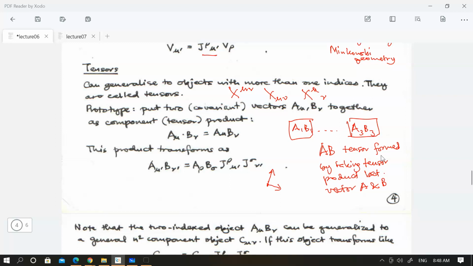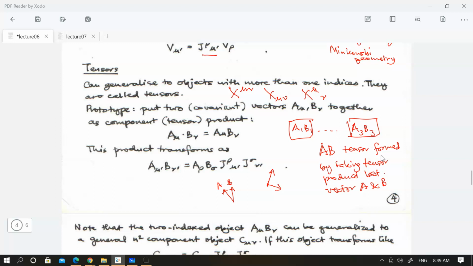One representing A, one representing B. And it doesn't have to be orthogonal, it could be something like this. This is A, this is B. So this pair of vectors can be described collectively as a tensor.